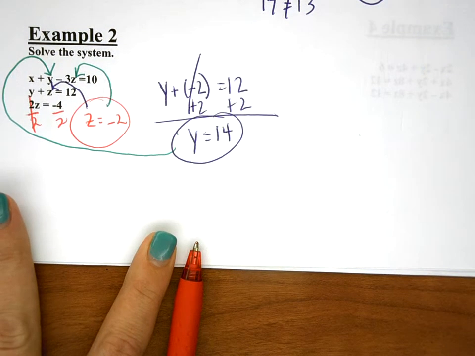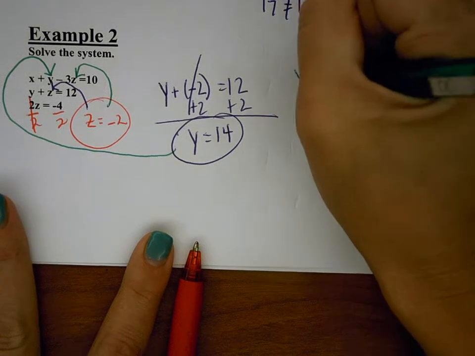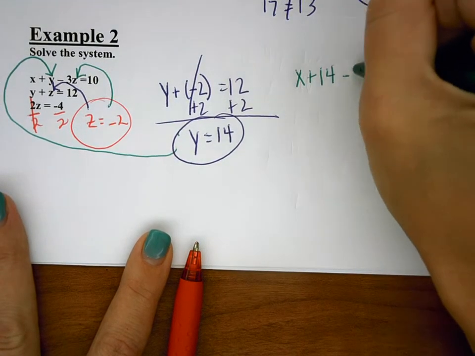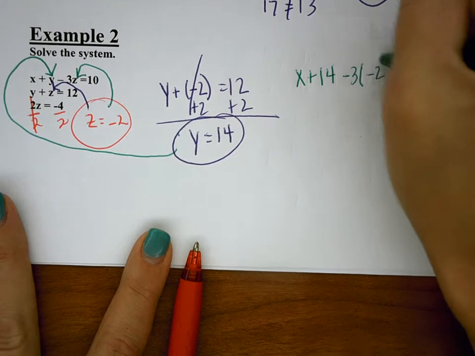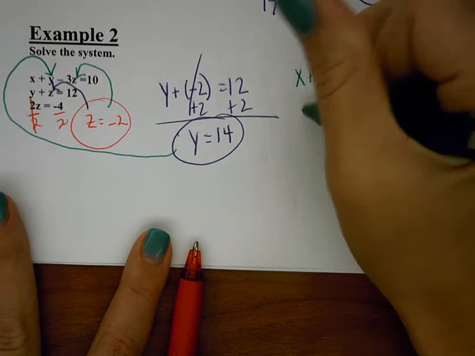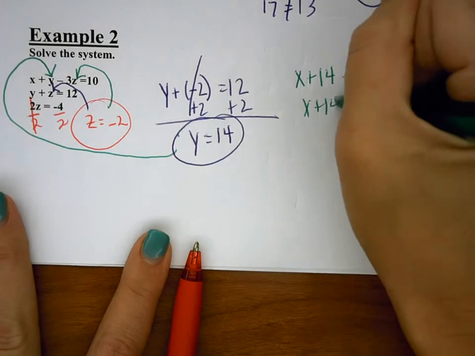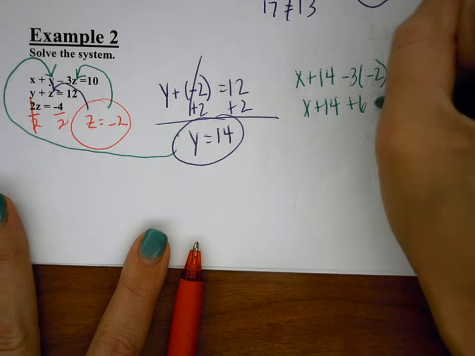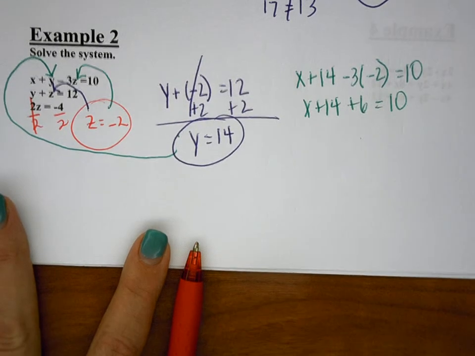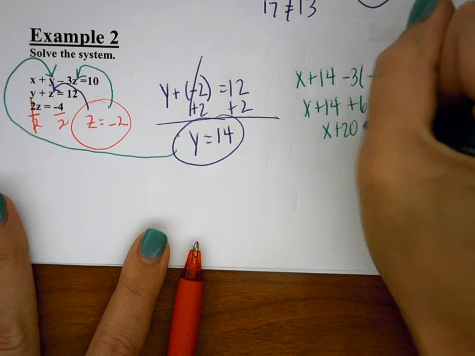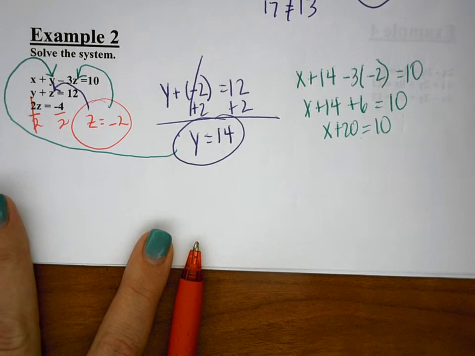So I have x plus 14 minus 3 times -2 equals 10. We have x plus 14, and -3 times -2 is +6 equals 10. 14 plus 6 is 20, so I have x plus 20 equals 10.